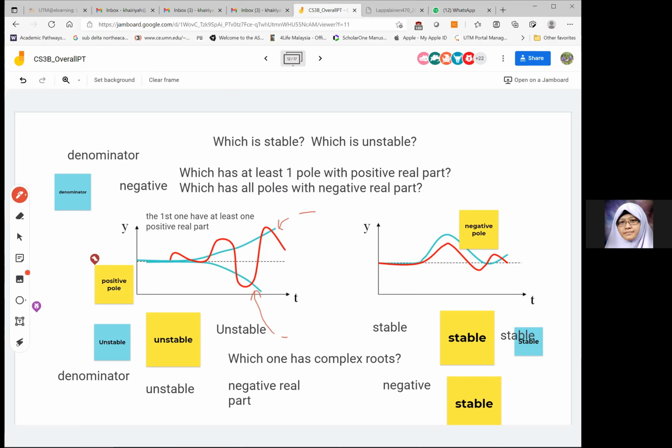Now, there are two responses in each graph, on the left graph and the right graph. Which one of these responses has complex roots? Complex numbers as the roots of the poles.